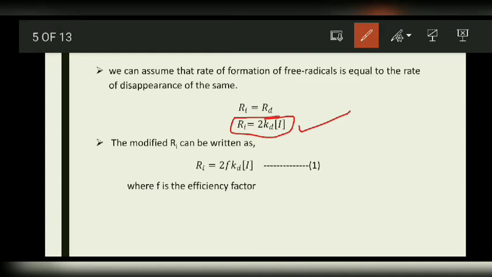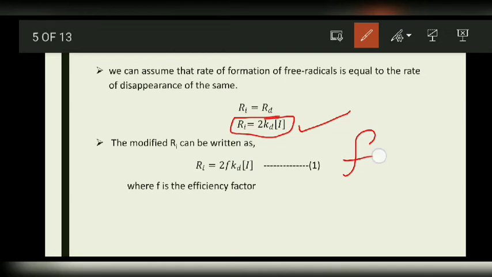That is why only a certain fraction of radicals are effective in initiating the chain growth. Because of this reason, we are going to introduce a factor called F, the efficiency factor.